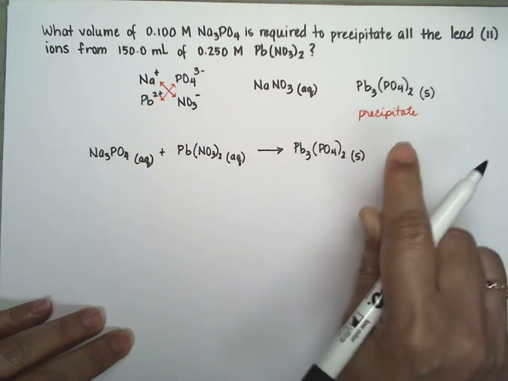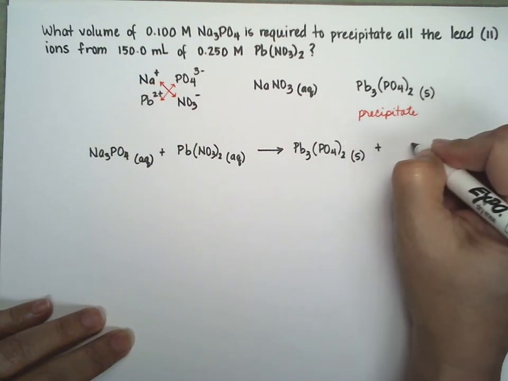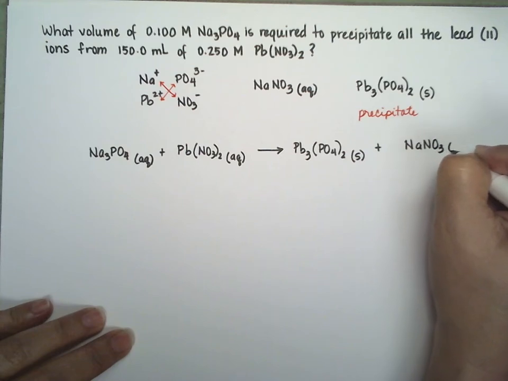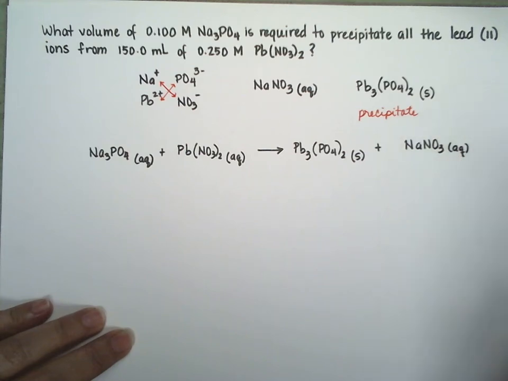So again, put the solid in there, that's your precipitate. And we're also going to get sodium nitrate, which is soluble, so it's going to be in the aqueous solution.